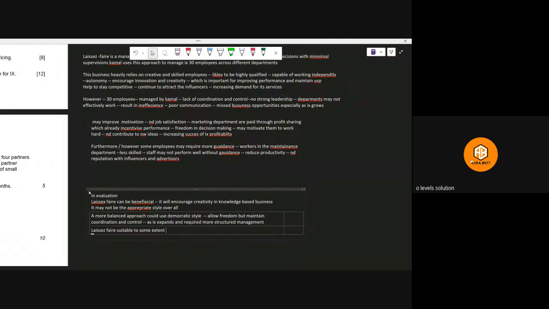So it is good for skilled workers, but not overall because there is a need for coordination and control. So this is how you need to write the answers.